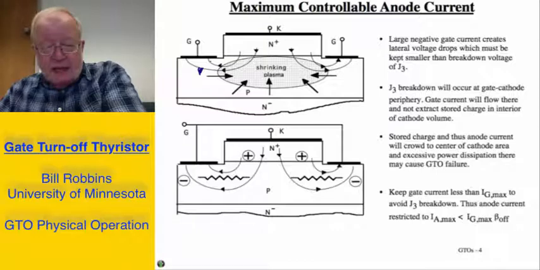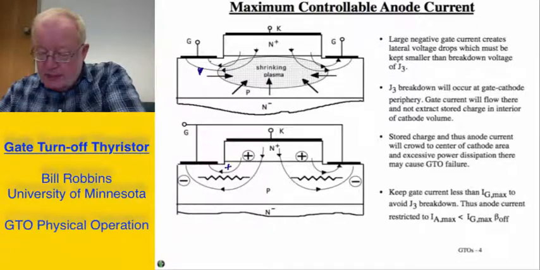And the reason for that is as shown here in the lower part of the picture, where we have this resistance that represents the lateral voltage drops that can develop if we have very large gate currents. Since the breakdown voltage of this junction is fairly small, it is possible that with enough current density flowing between the gate and the cathode in the directions that I've indicated, we may cause breakdown in the immediate vicinity of the gate cathode junction, as I've indicated here.